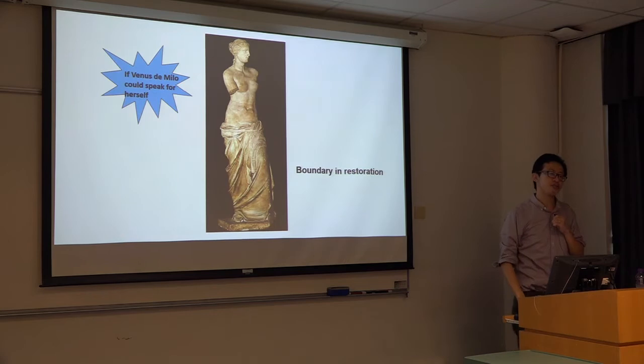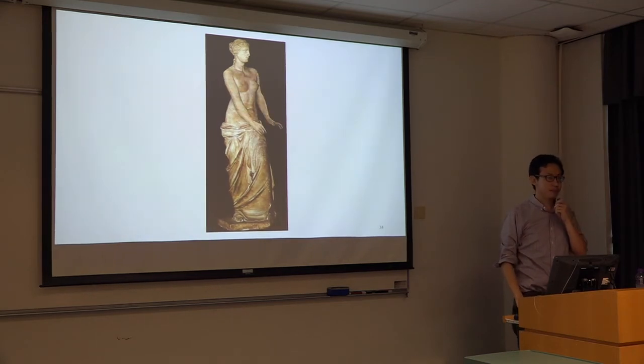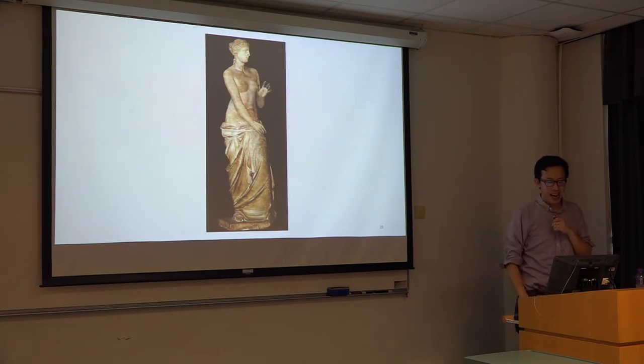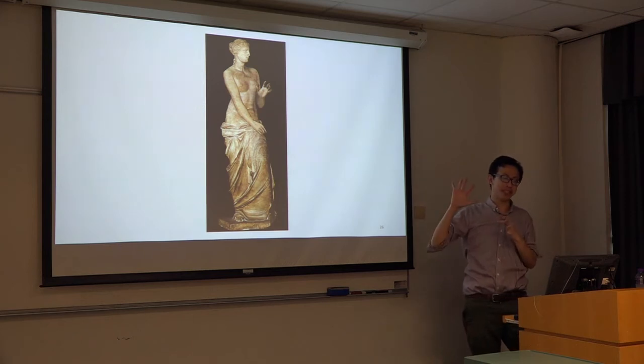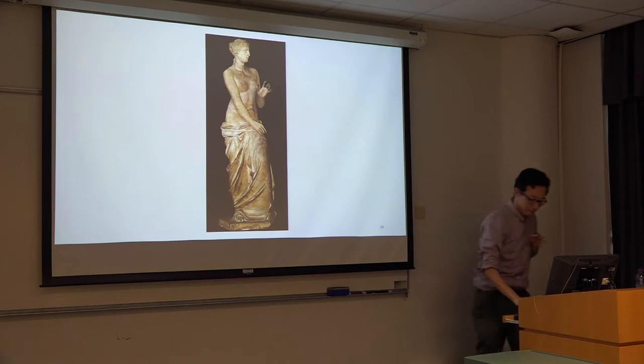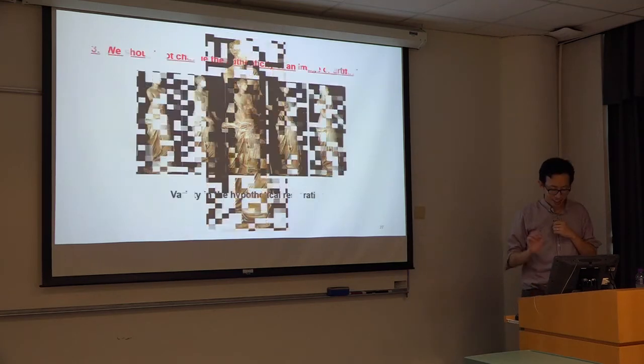So when he tried to do the conservation, he would have this option, and he could also have this option, and also this option, like putting the two arms this way, and also the other way.